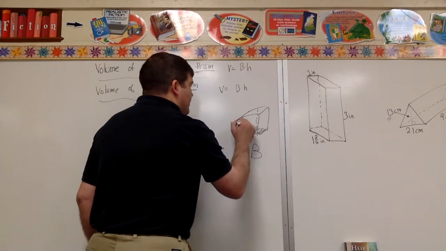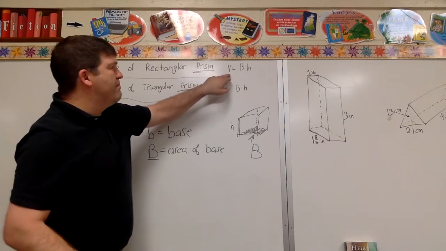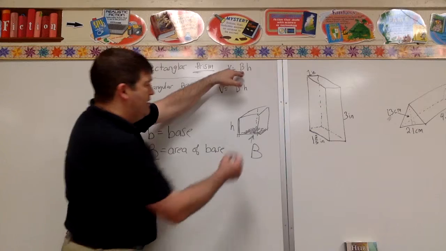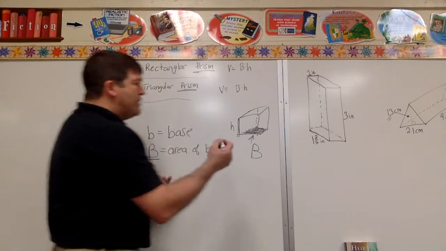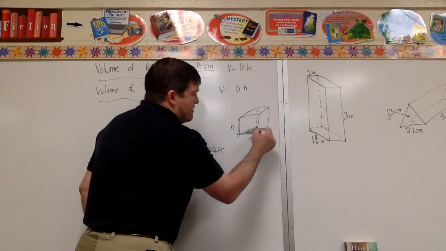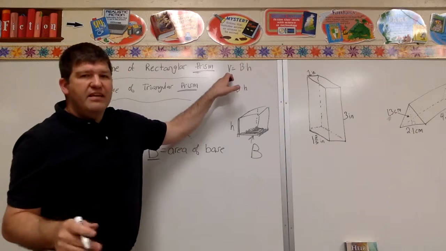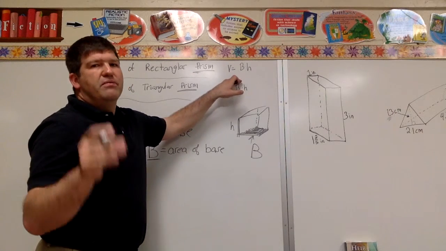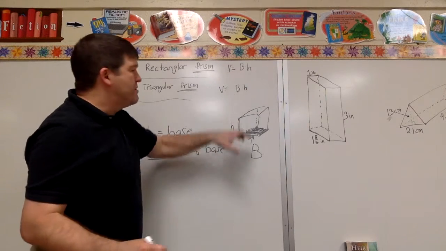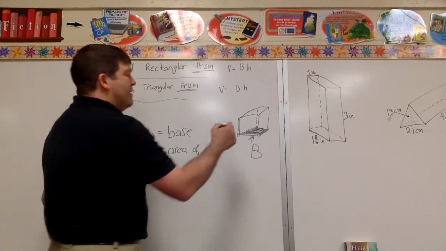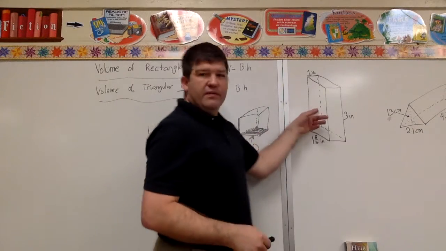And then this would be the height right here. So if I'm trying to find the volume of a rectangular prism, it's the big B, the area of this base, which is the length times the width. But instead of saying V equals L times W times H, I'm going to make it just one letter, the capital B. So it's the area of the base, and then I times it by my height. Okay? Let's do one over here.